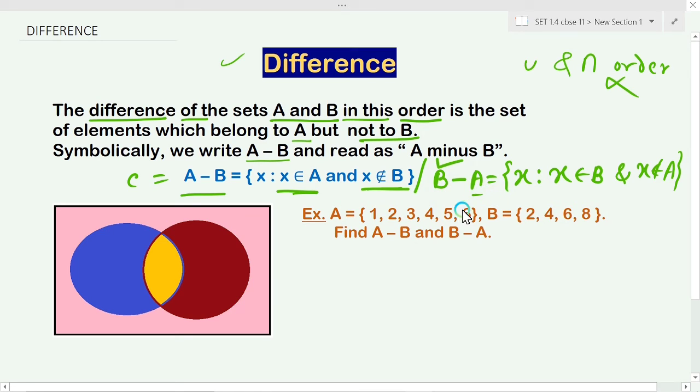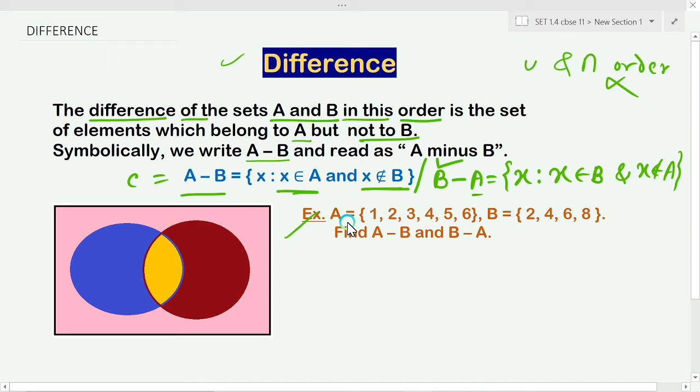Okay, so we take an example. A equals 1 2 3 4 5 6 and B equals 2 4 6 8. We have to find A minus B and B minus A. First of all, look at the picture.